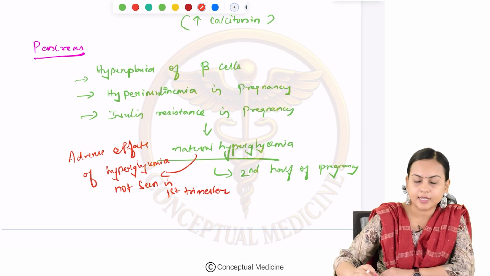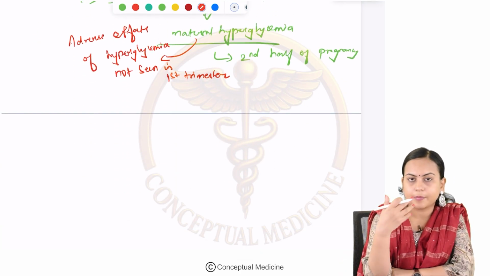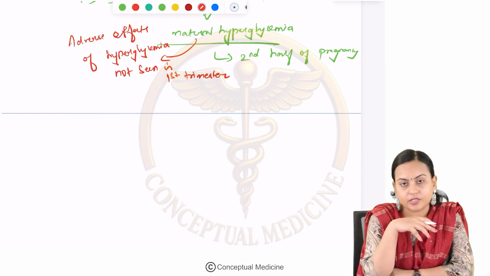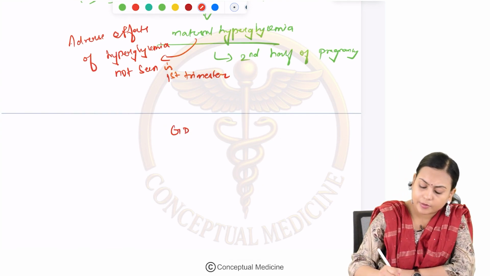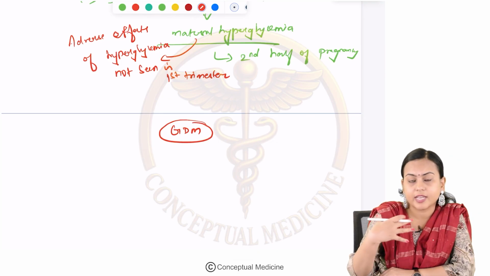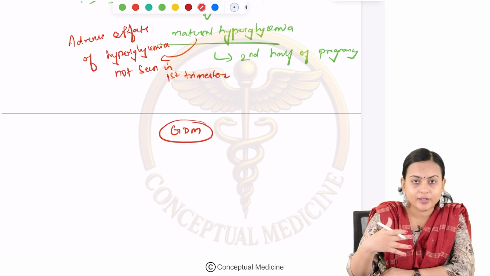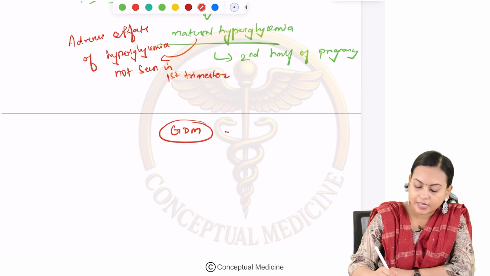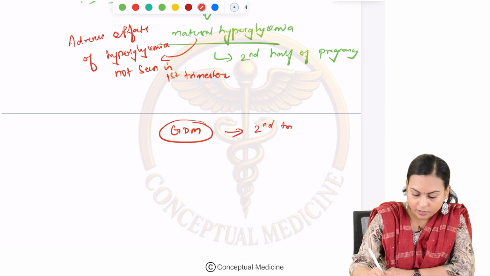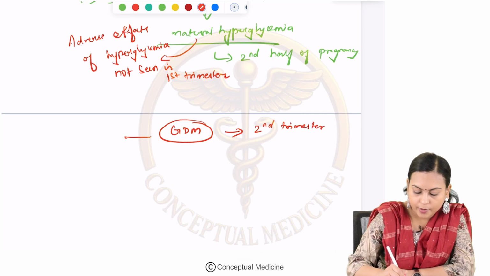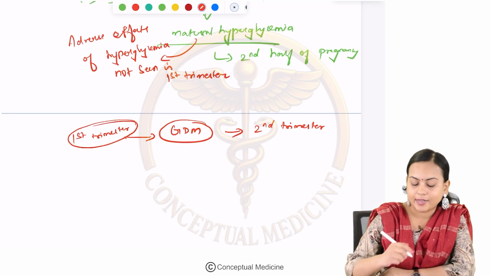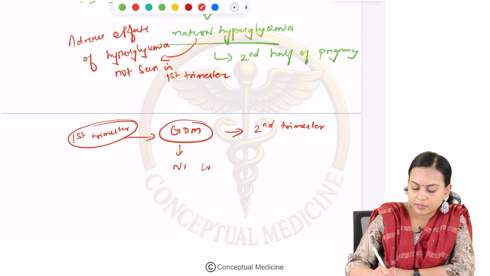Adverse effects like any congenital anomalies due to hyperglycemia are not seen in first trimester. That means, if the mother is GDM, that is, she has developed the diabetogenic state only due to pregnancy, then she will start her symptoms by second trimester only. So, by this time, the fetal development of important structures would have happened and there are no congenital anomalies in GDM.